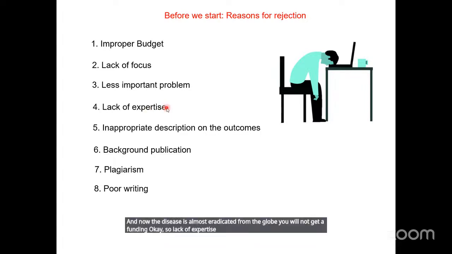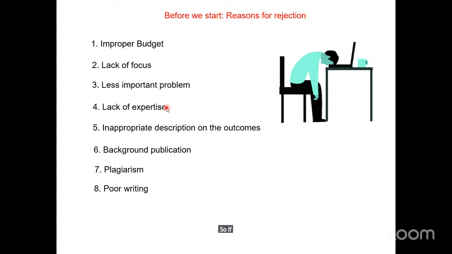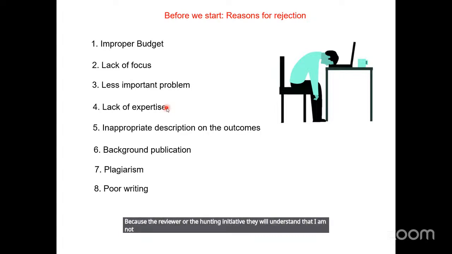Suppose I work on colorectal cancer. If I write a grant on Alzheimer's disease, obviously the outcome will be zero, because the reviewer or the funding agency will understand that I do not have the expertise to work on Alzheimer's disease. I don't have any publication on Alzheimer's disease. Obviously, the grant will be rejected.